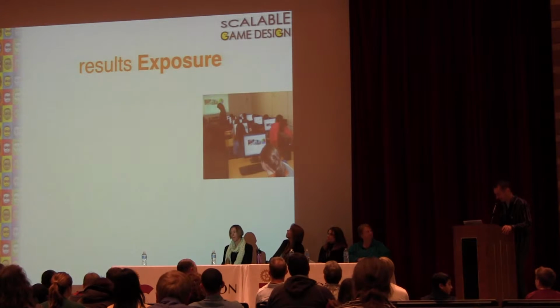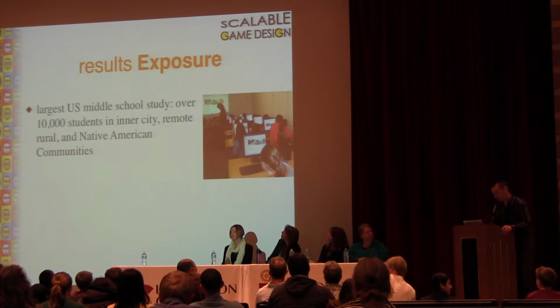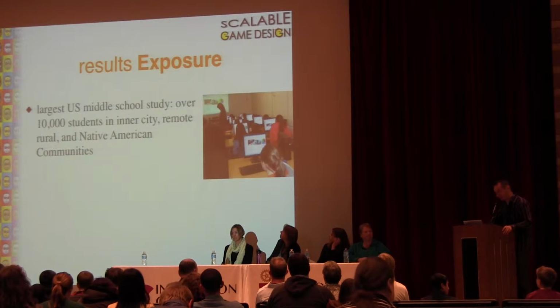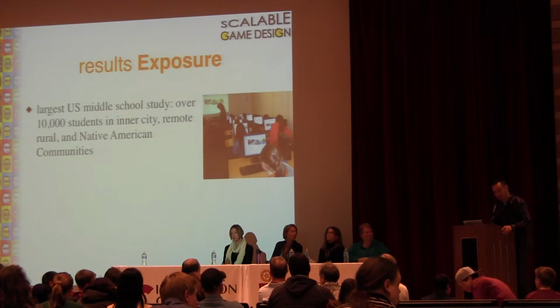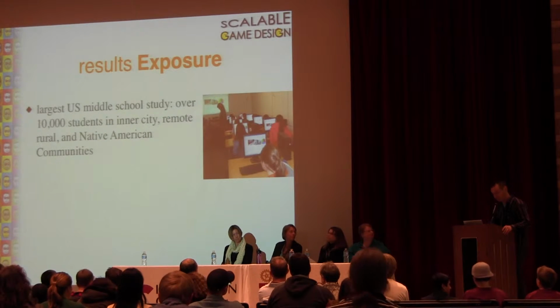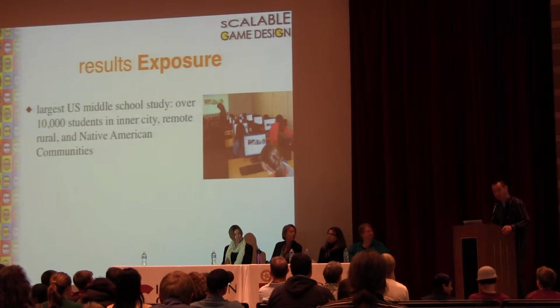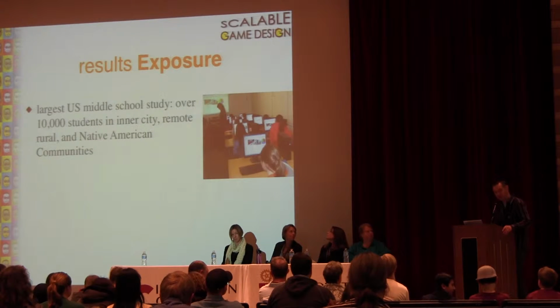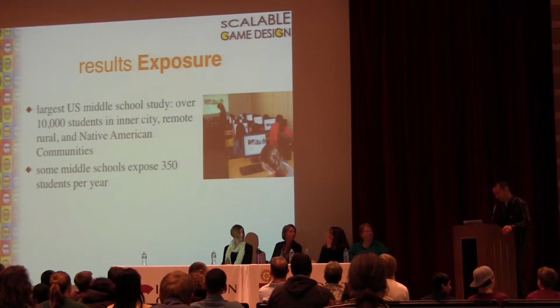Now, if you look at the results, we're running at the moment the largest U.S. middle school study. We have over 10,000 students, and that's in inner city schools, remote, rural, and Native American communities. And when I say some of these schools are tough, we're talking about schools at the middle school level where some of our teachers got beaten up by the students. That's a pretty tough environment.